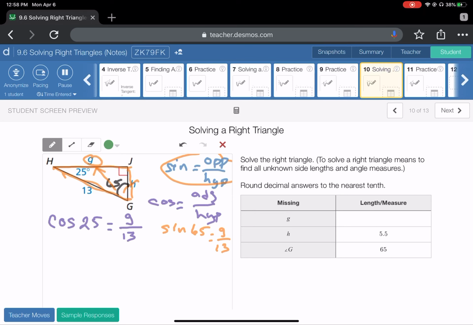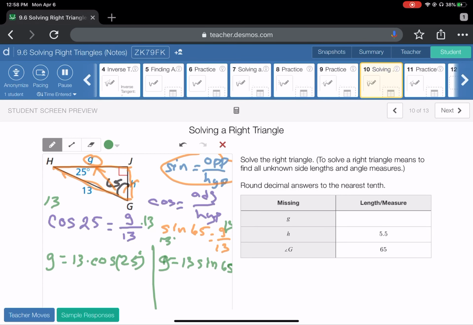Now for both of these, I would solve for g the same way, multiplying by 13 to both sides. So my g is going to be equal to 13 times cosine of 25 degrees, or g is equal to 13 times the sine of 65.